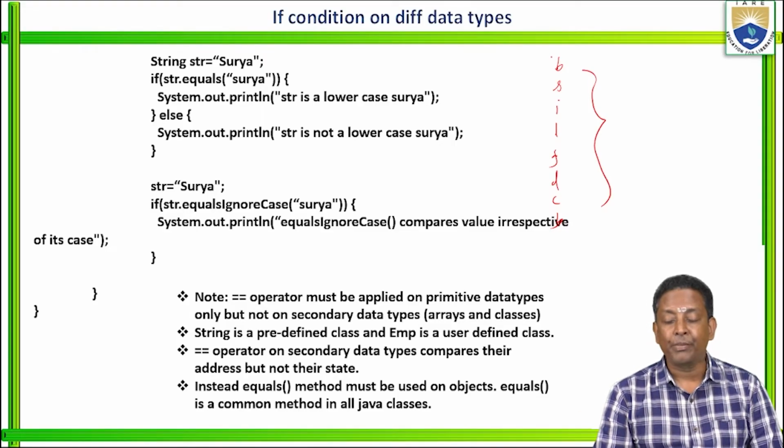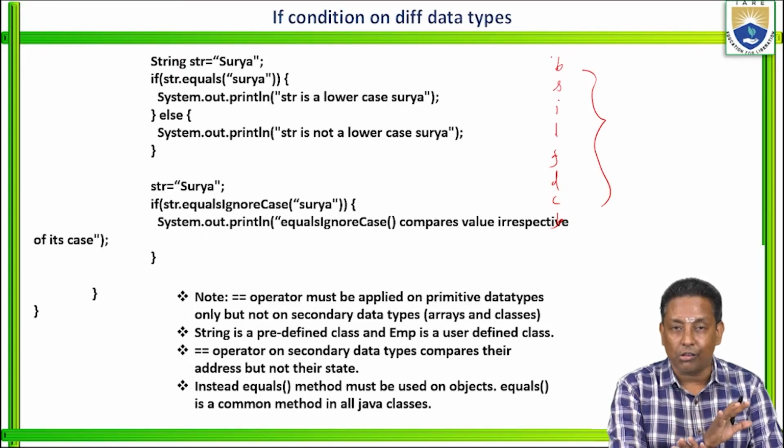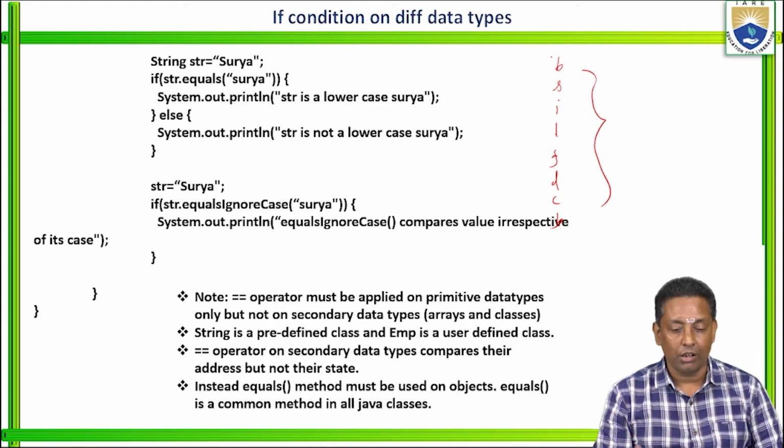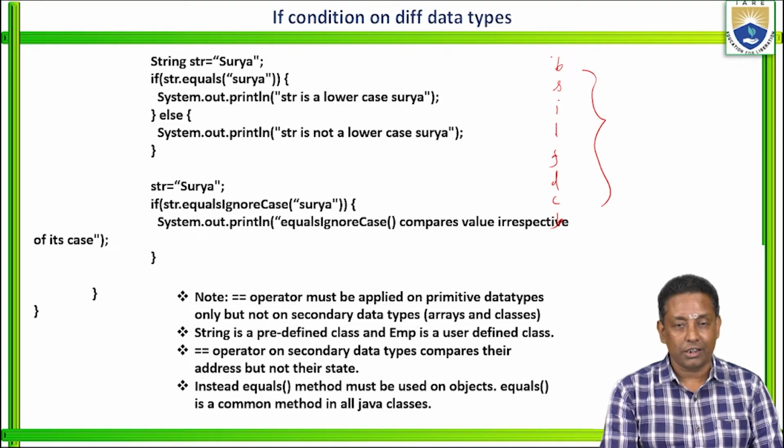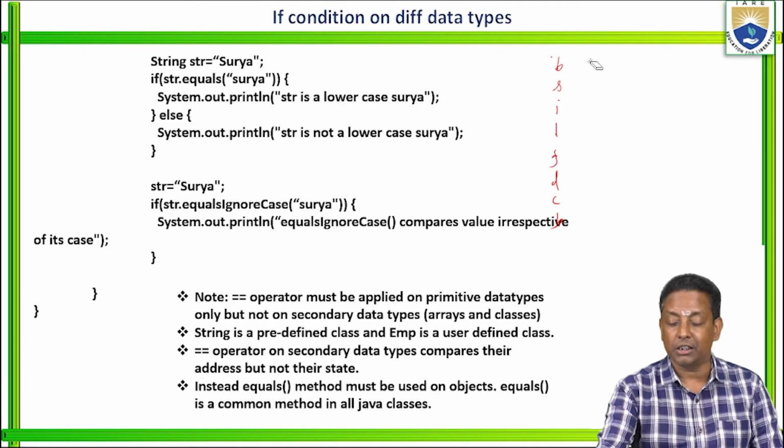Non-primitive data types means class object references and arrays. Arrays and class objects cannot be compared with the equal to operator. Array comparisons we will discuss in later sessions.